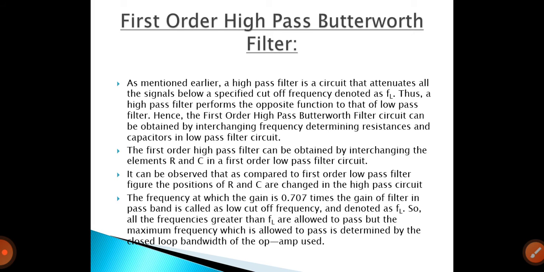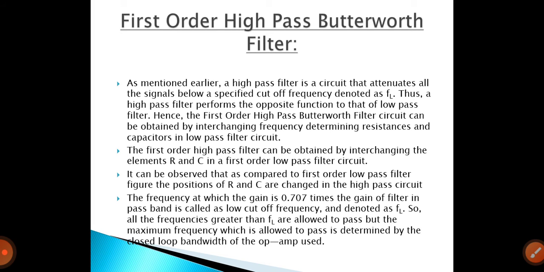The first order high pass filter can be obtained by interchanging the elements R and C in the first order low pass filter circuit. It can be observed that compared to the first order low pass filter figure, the positions of R and C are changed in the high pass circuit.